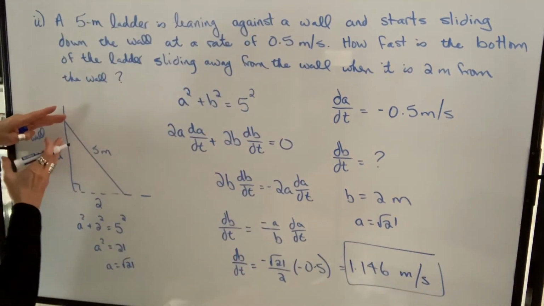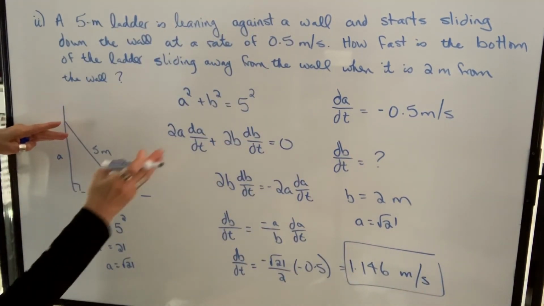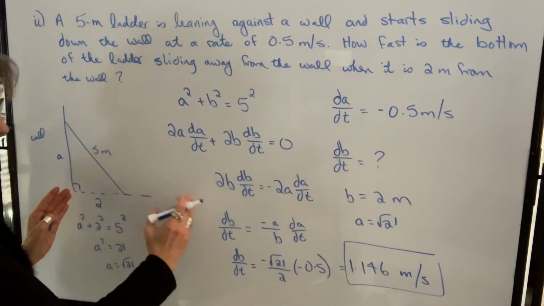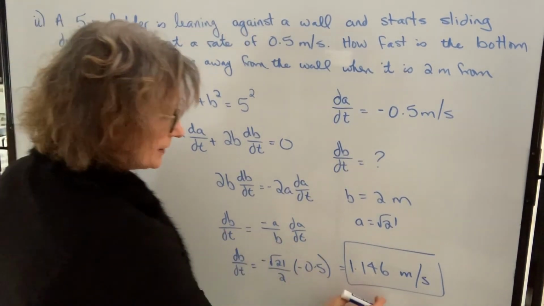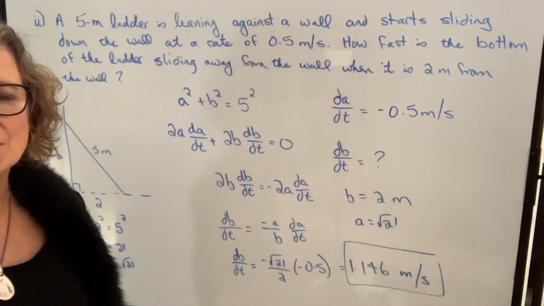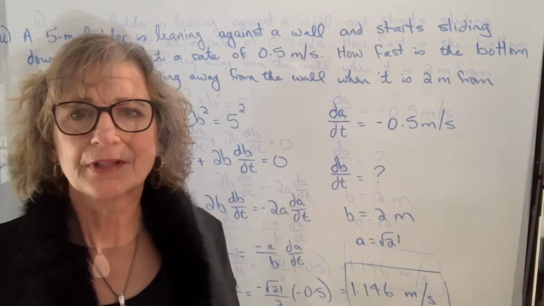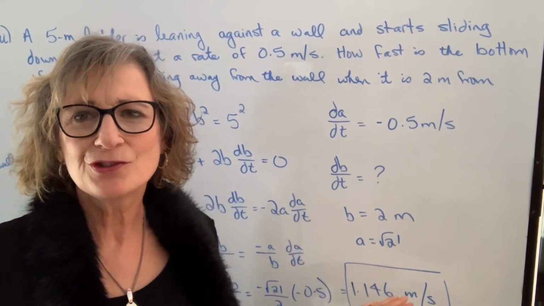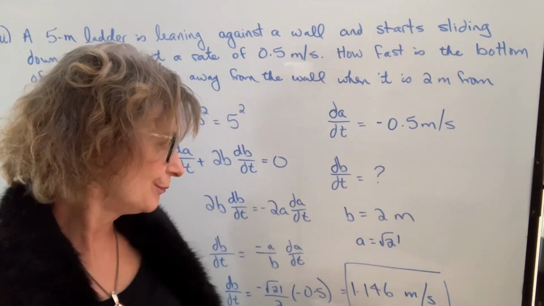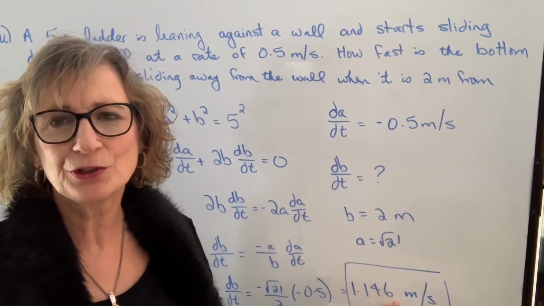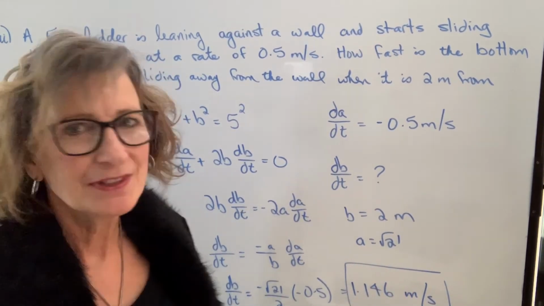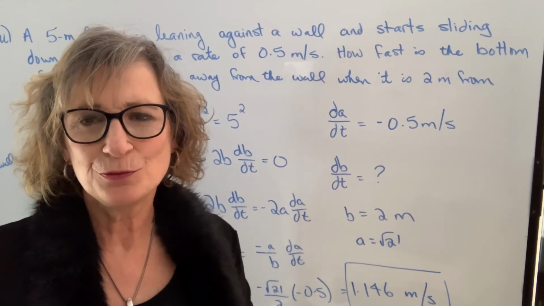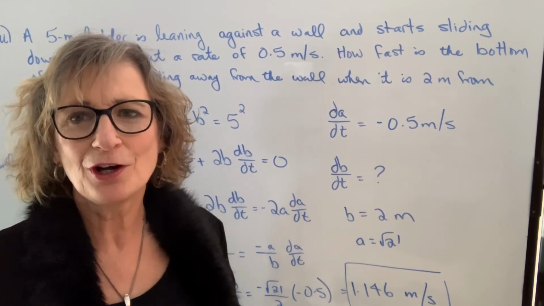So as the ladder is sliding down at a rate of 0.5 meters per second, the bottom of the ladder is sliding out at a rate of 1.146 meters per second. With a lot of these questions, I'm not concerned about significant digits, so I often round off to the nearest millimeter. But if you're asked to pay attention to significant digits, you might need to be a little more particular about your rounding off than I am.